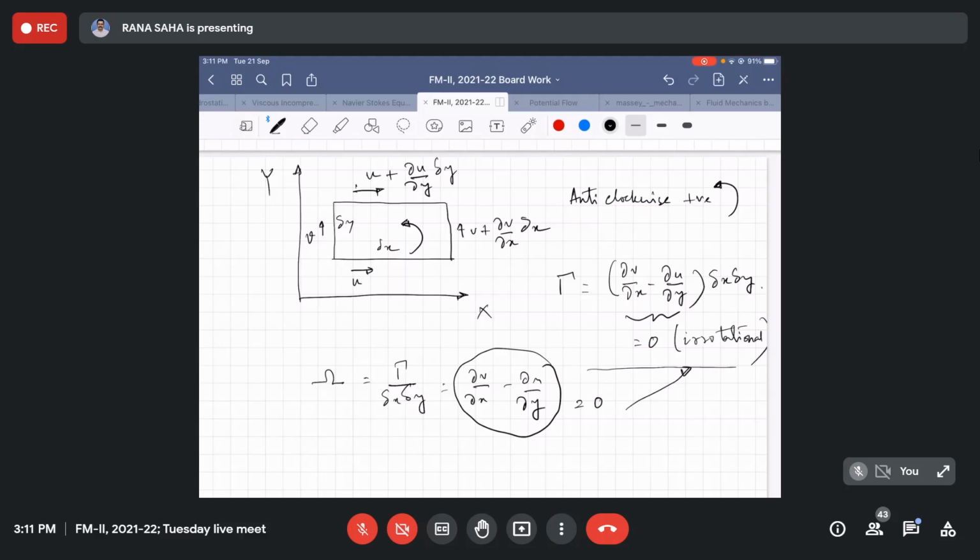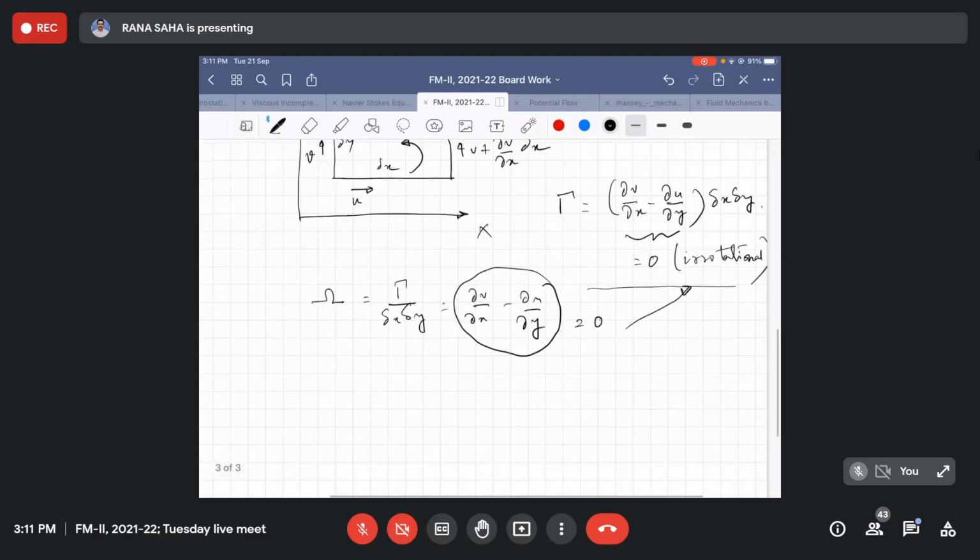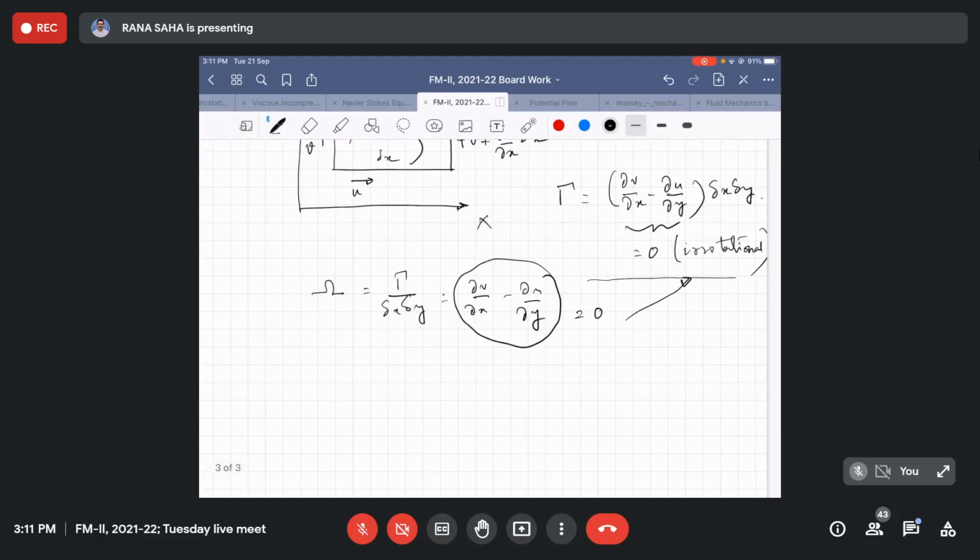Okay, so from this we also extend our discussion for a circular circuit, or say for a circular streamline. You can also find out this circulation term gamma.